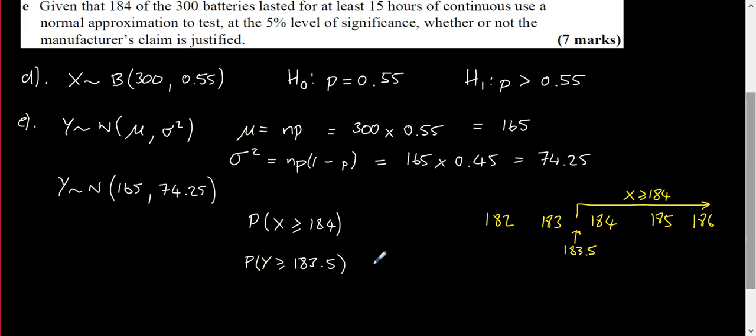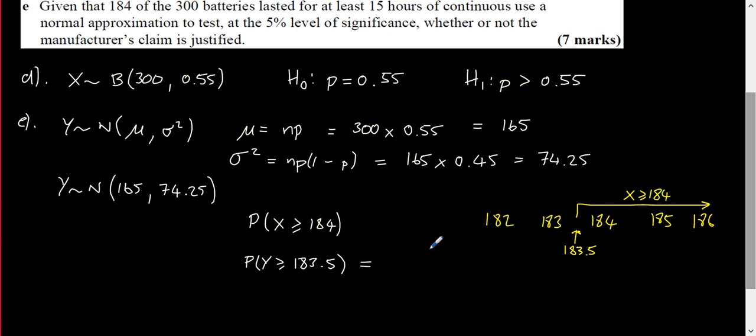So now it's just a case of using the calculator. We'll use our normal distribution, and I'm using the CG50. If you've got the Classwiz, I believe it's pretty much the same. We'll go to our normal CD. Our lower limit is going to be 183.5 and our upper limit we're going to set to 100,000.